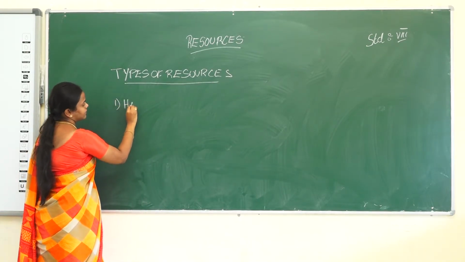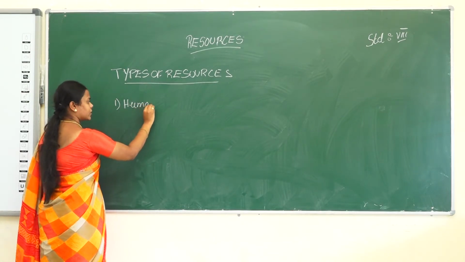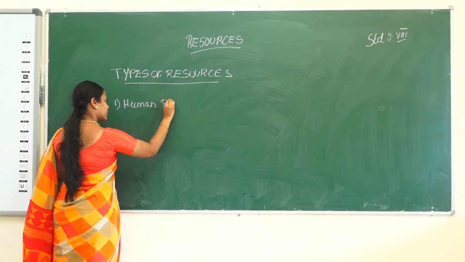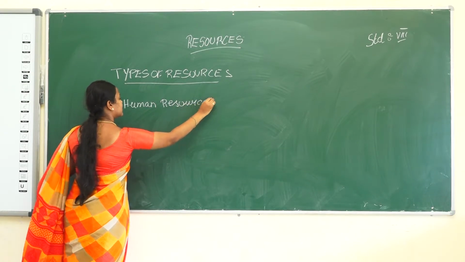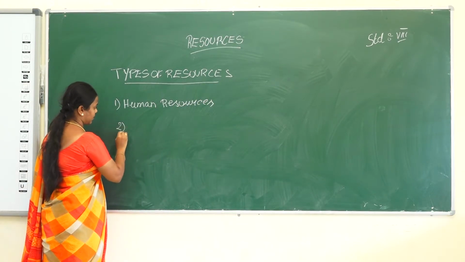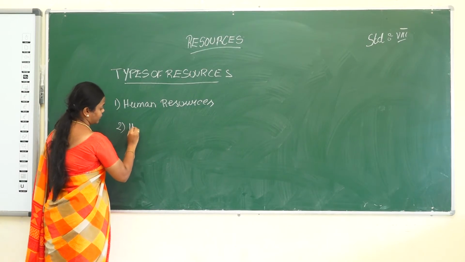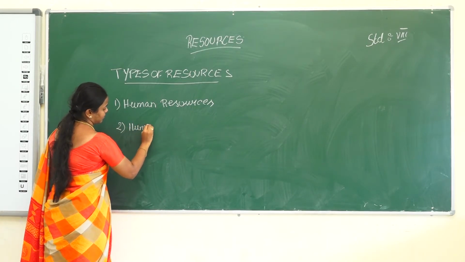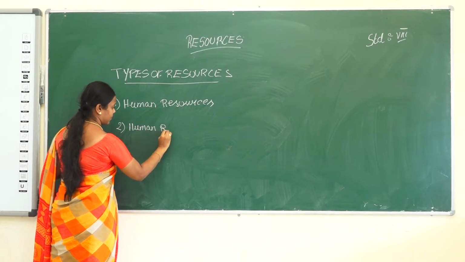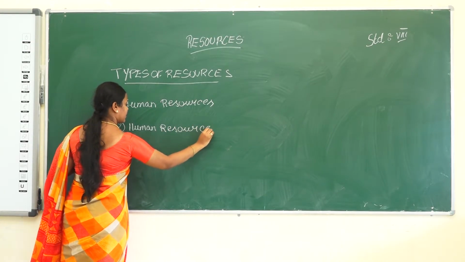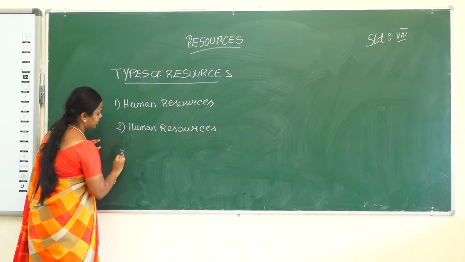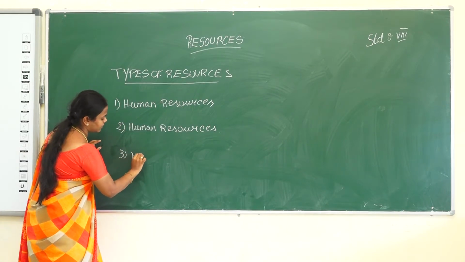The first one is human resources, the second one is human made resources, and the third one is natural resources.